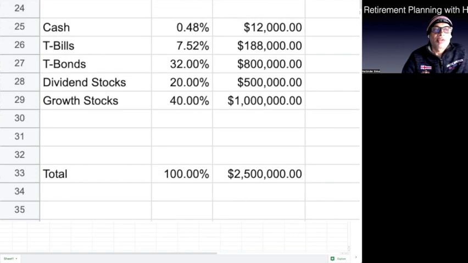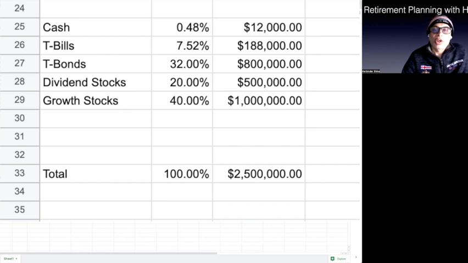If you look at our distribution, we have cash of less than 1%. We have T-bills almost 8%. We have treasury bonds, which are 32%. So the total of this is around 40%.